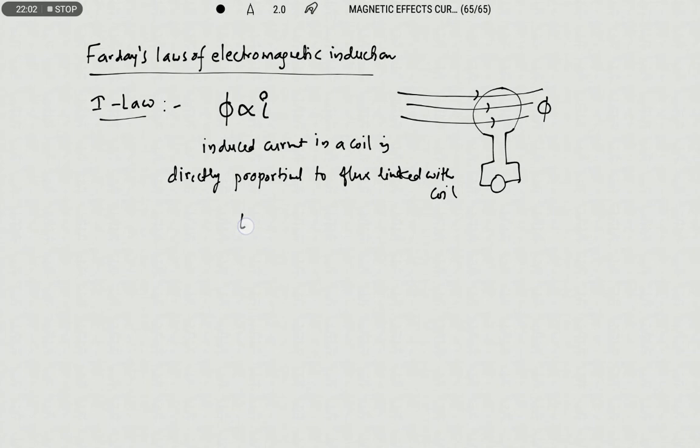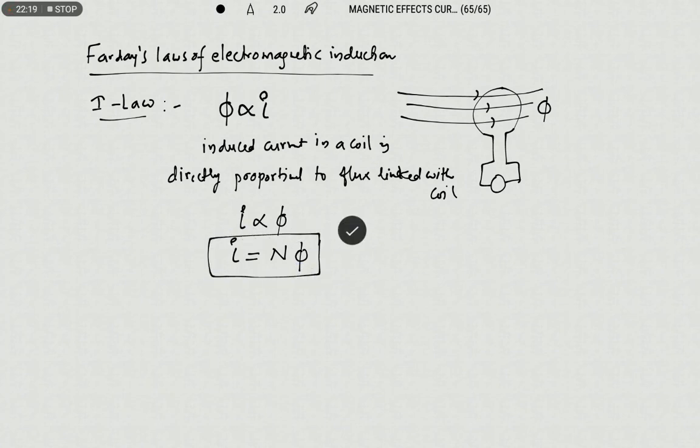That is, I is directly proportional to phi. If one turn is there, the flux linked with the coil is phi. If there are n turns, we can write I is equal to n phi. So this is Faraday's first law of electromagnetic induction.